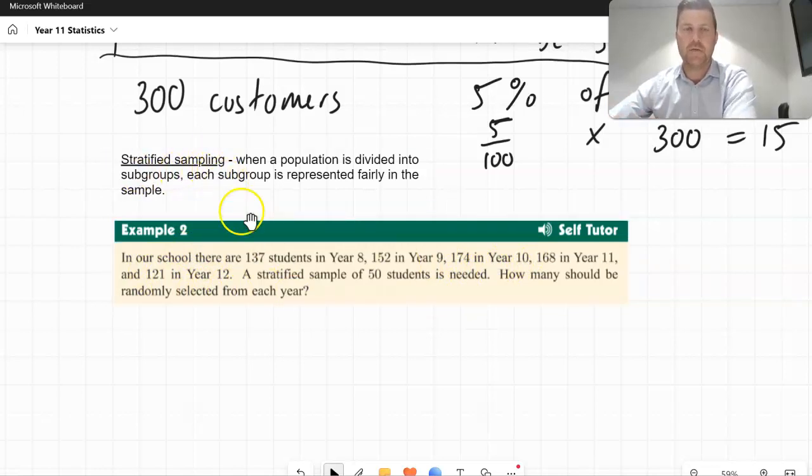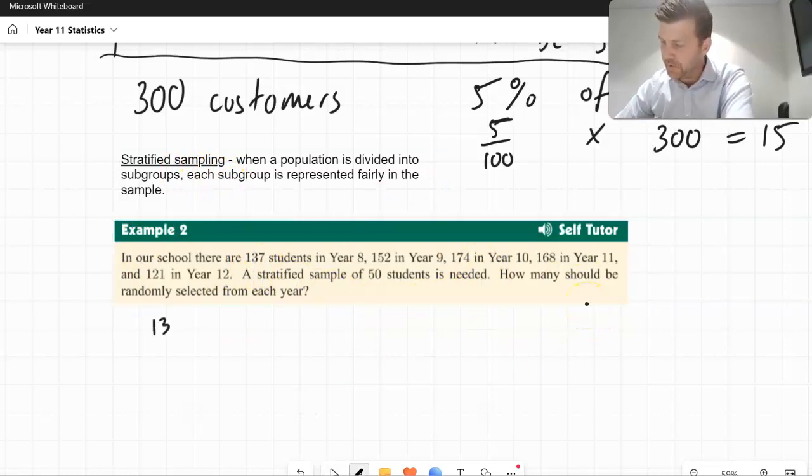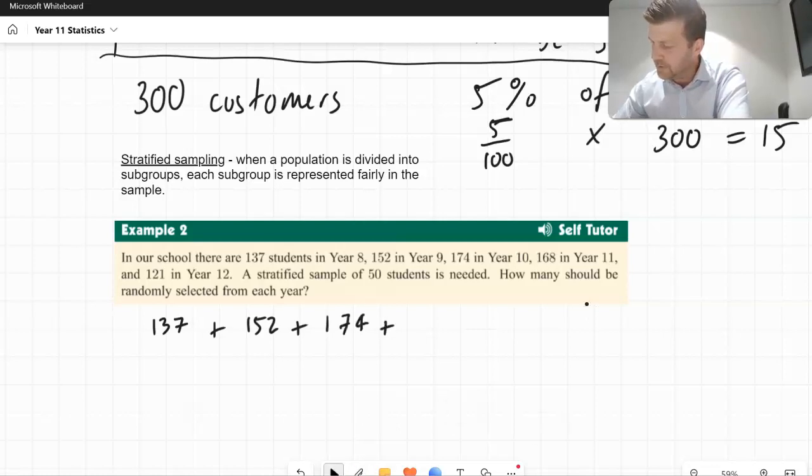So the first thing you need to do is to work out how many students in total are there? So I'm going to add all those numbers up. So 137 plus 152 Year 9s plus 174 Year 10s plus 168 Year 11s plus 121 Year 12s.